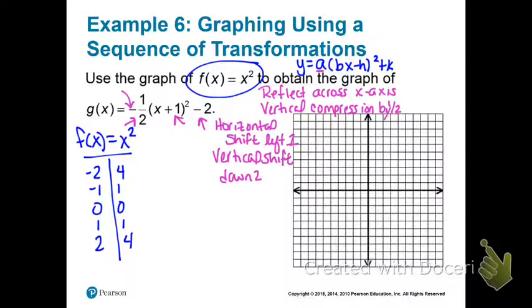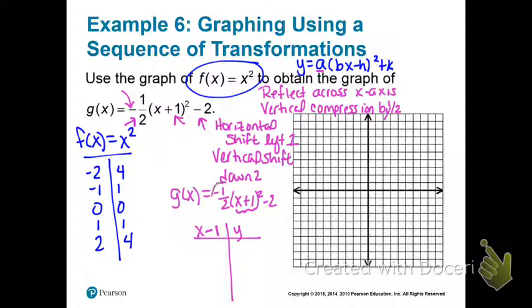So when we go to make our table here, okay, we got a lot of things going on. So look at your x's. What's inside with x? Just the plus 1. So we know we're going to take our x's and we do the opposite, so we subtract 1. Now for my y's, what are we going to do? Well, we have this 1/2 times, and then we have a minus 2.